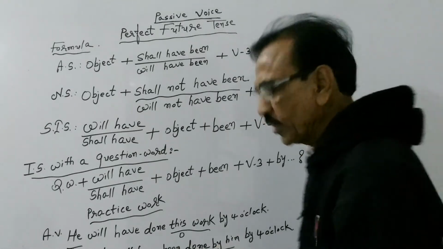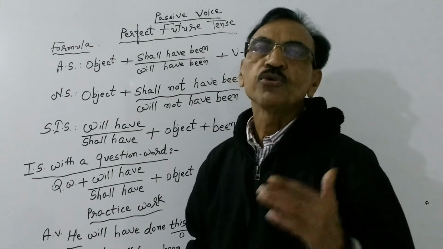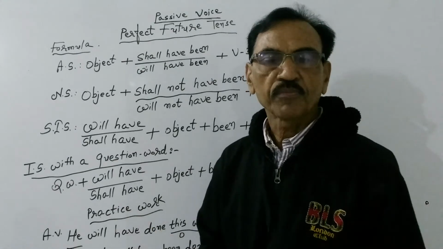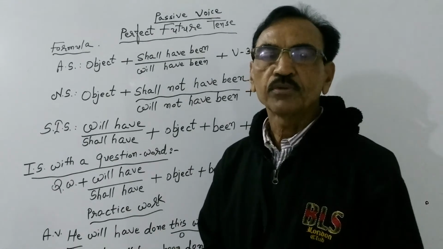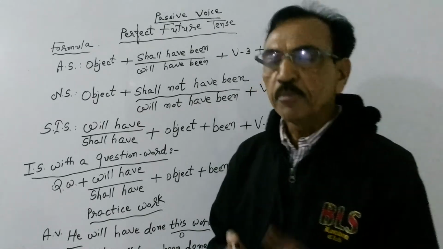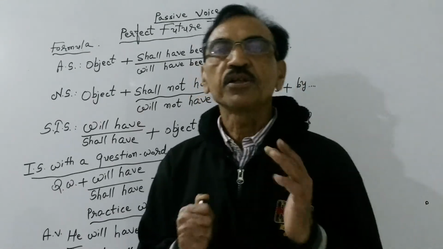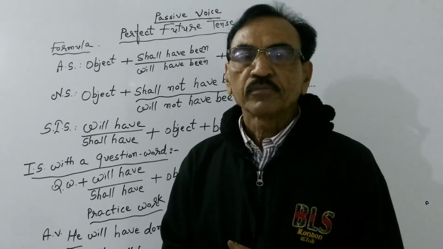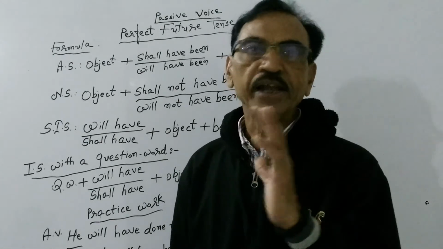So, in perfect future tense, friends, we use shall have been or will have been plus V3. So, this is very simple. Remember one thing, in English language, passive voice has only 8 tenses.